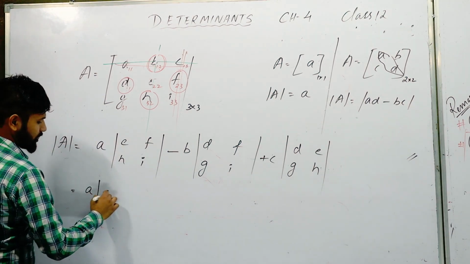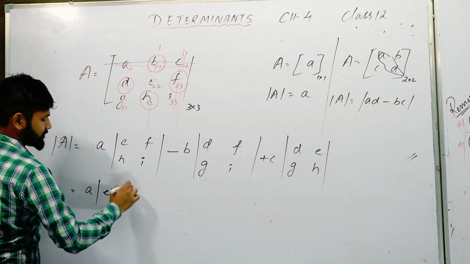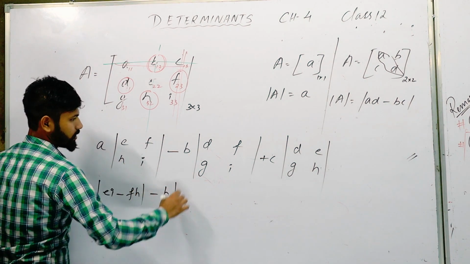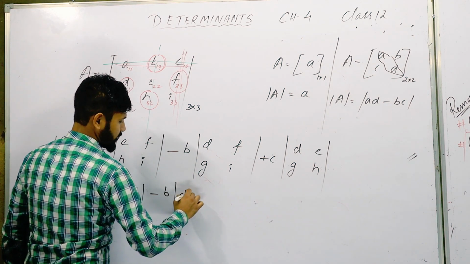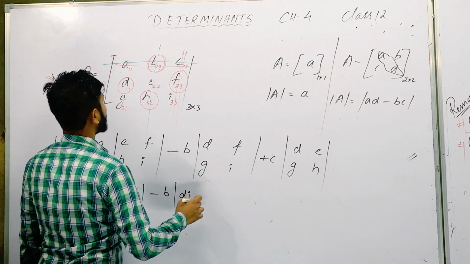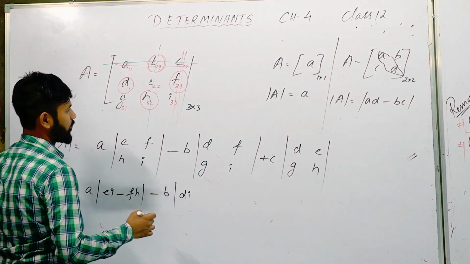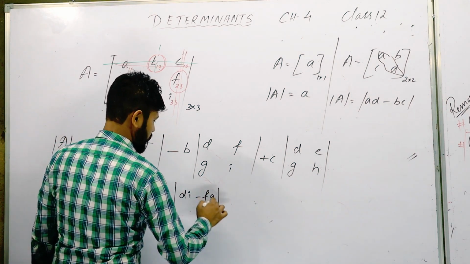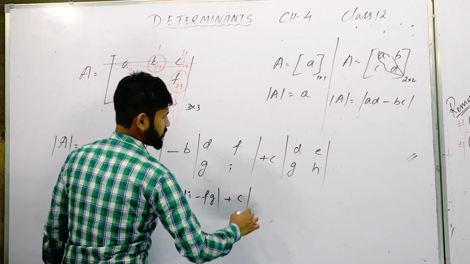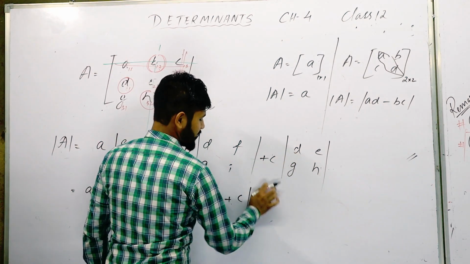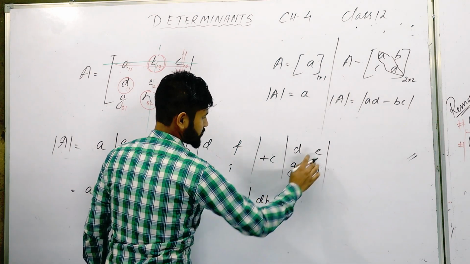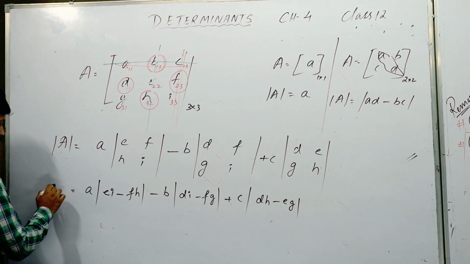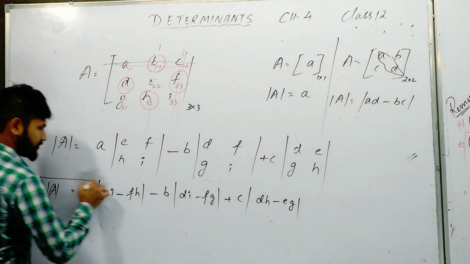A into (EI minus FH), minus B into (DI minus FG), plus C into (DH minus EG). And this way we can find the determinant of A.